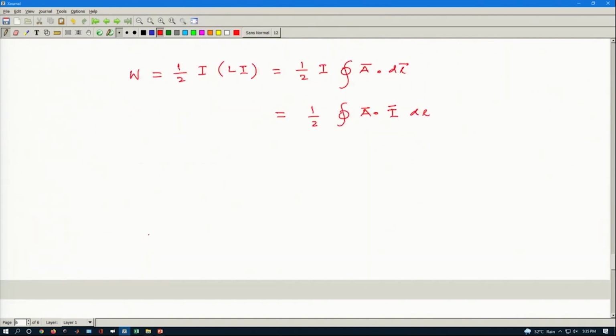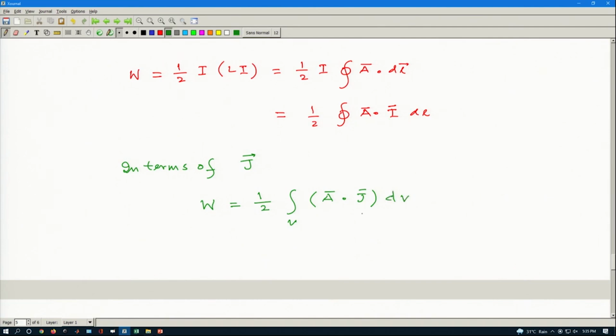I can make it in terms of the volume current, and in terms of volume current I can have this expression: simply half of the integral, now a volume integral, of A dot J dV.